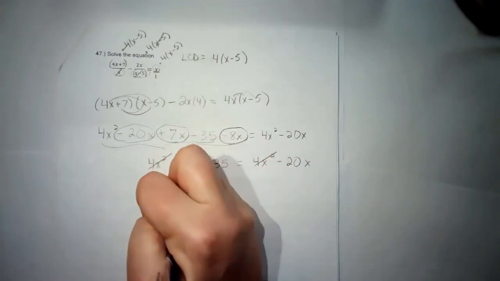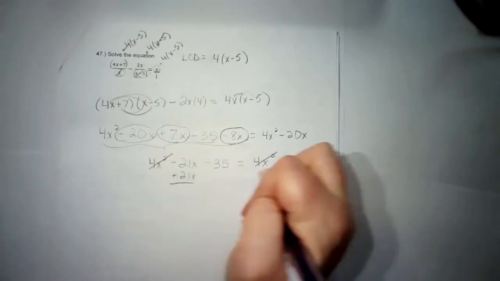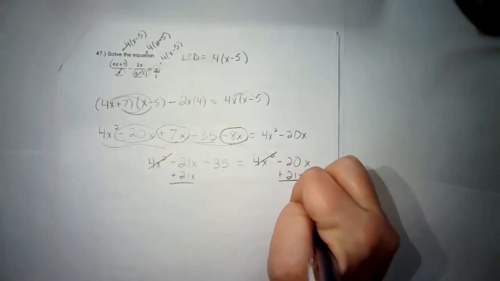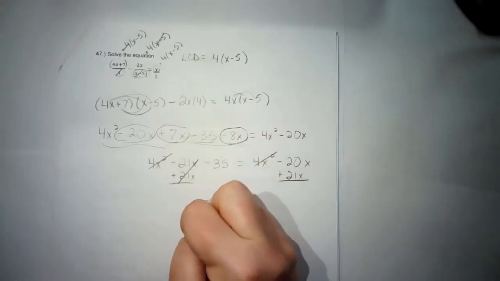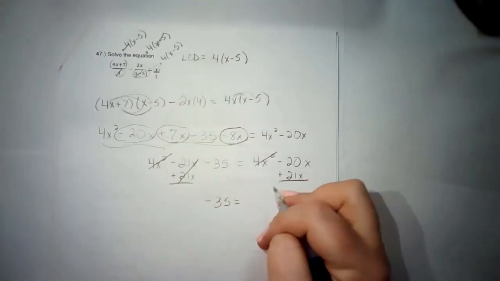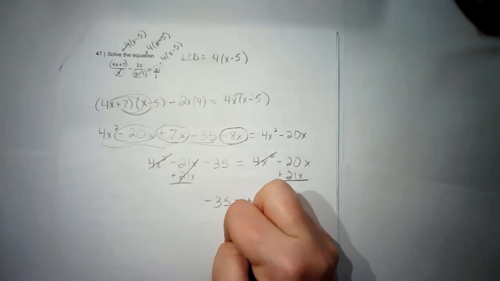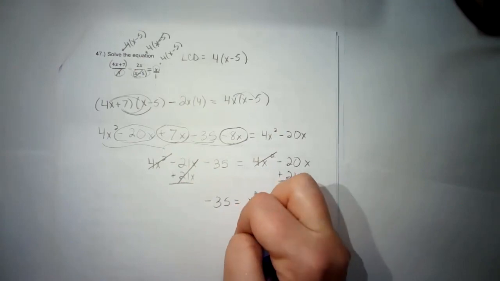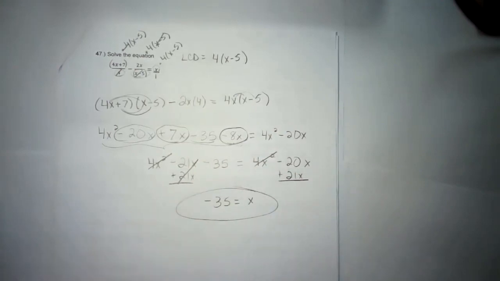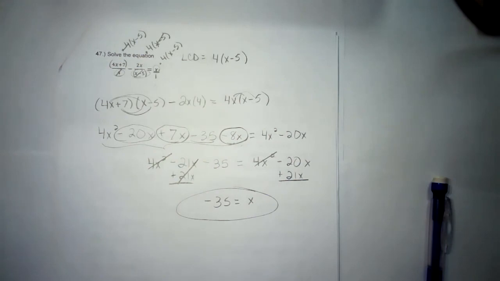Okay, now I'm going to add 21x to both sides because I still have to solve for x, and he's the only term over there. I'm going to get negative 35 equals what? X. You're done. So it ends quick. It ends quick. And there you go.